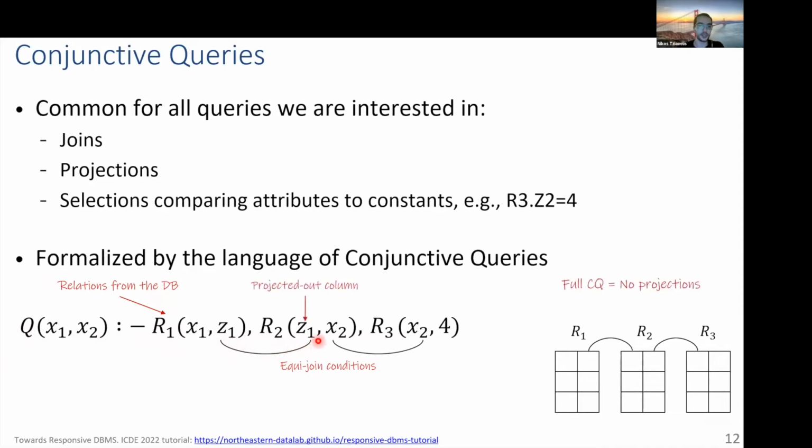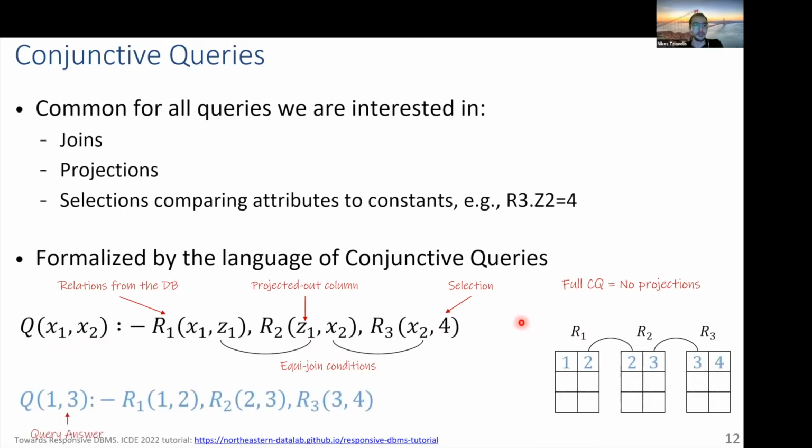We have projections by essentially having some variables that do not appear in the head of the query. So here we only keep x1 and x2 and project out z1. And we can also have equijoin selections by having numbers here. We will call full conjunctive queries the queries that don't have any projections.